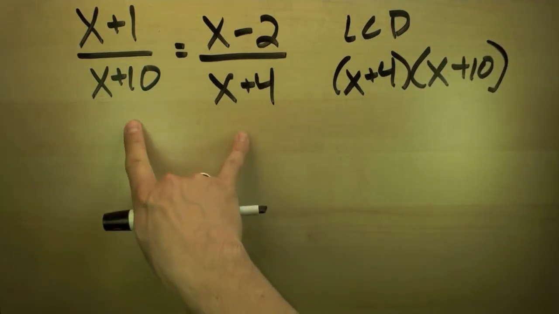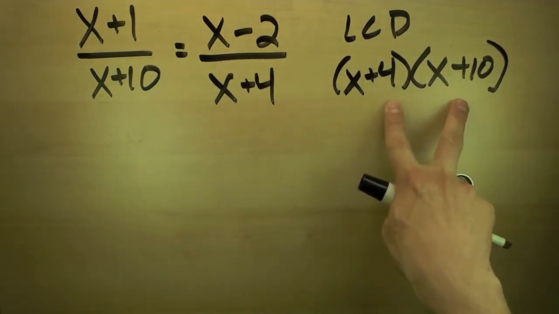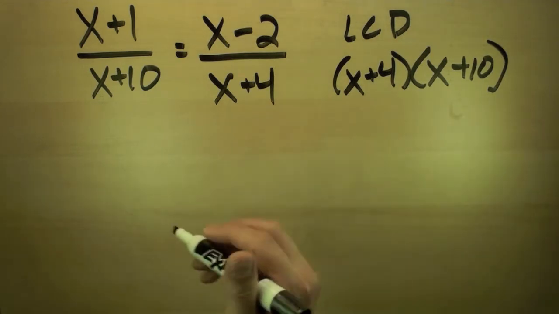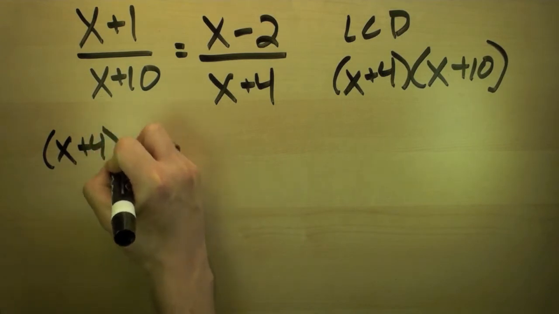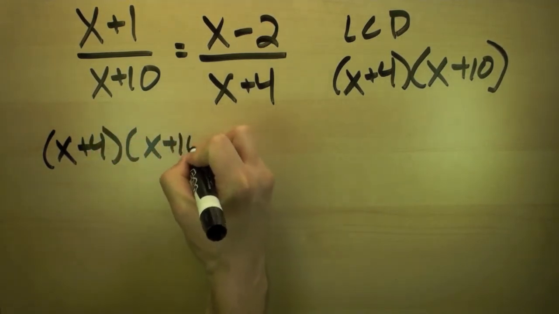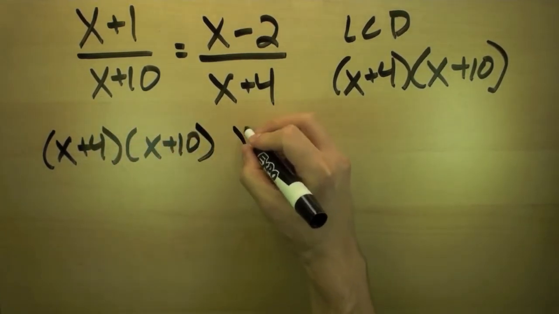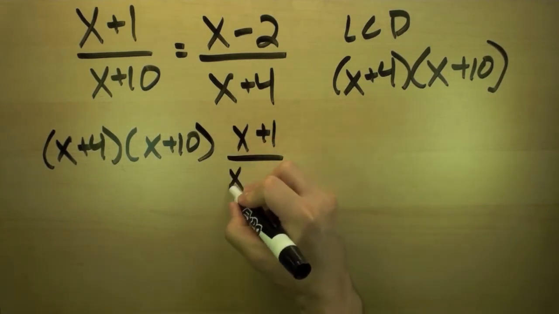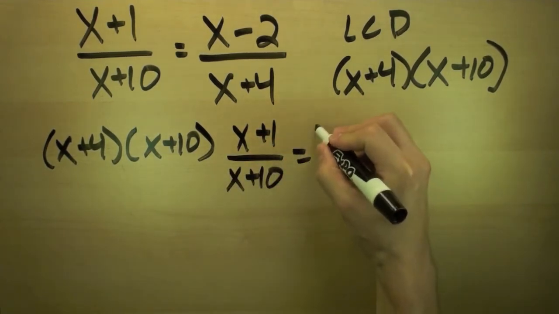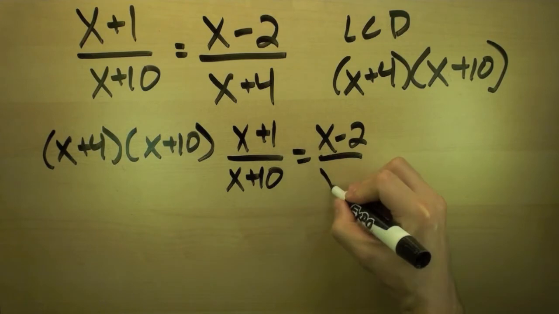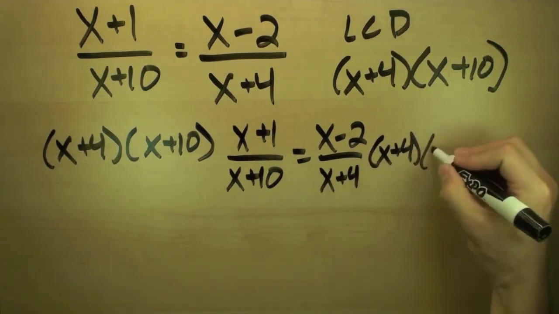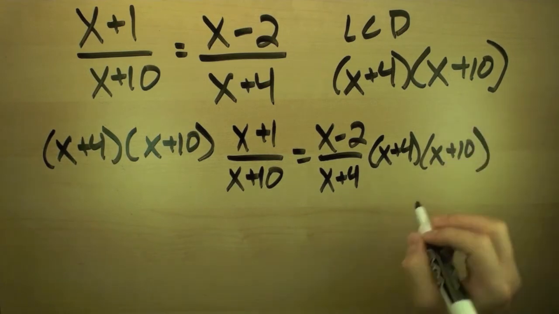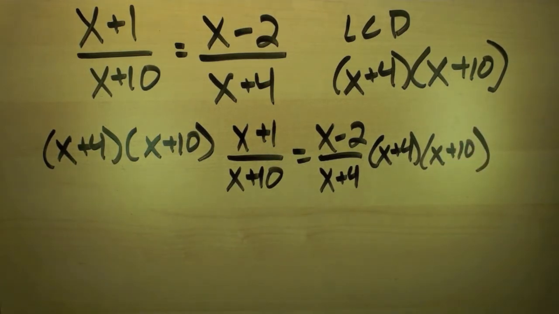So we multiply both sides of this equation by our least common denominator. And the reason we do this step is because it's going to eliminate our fractions.